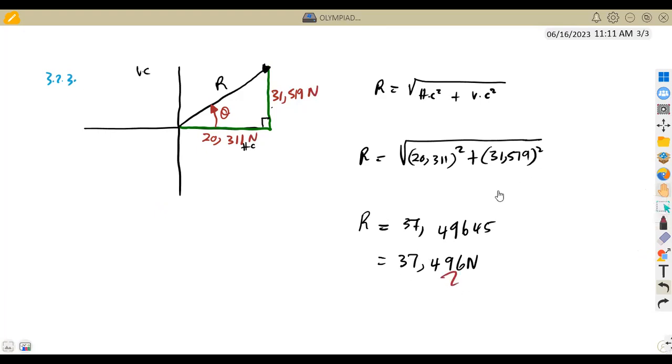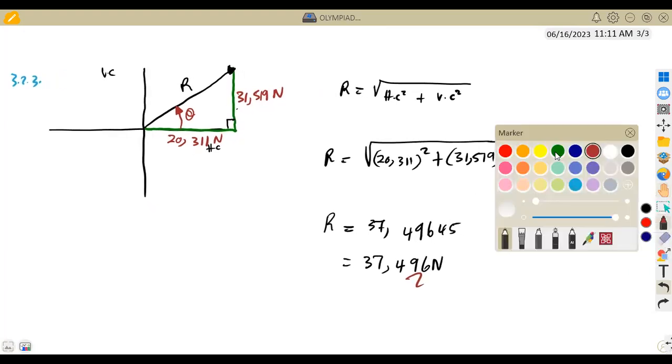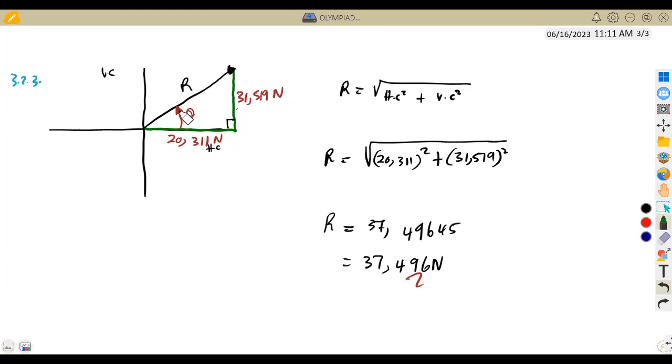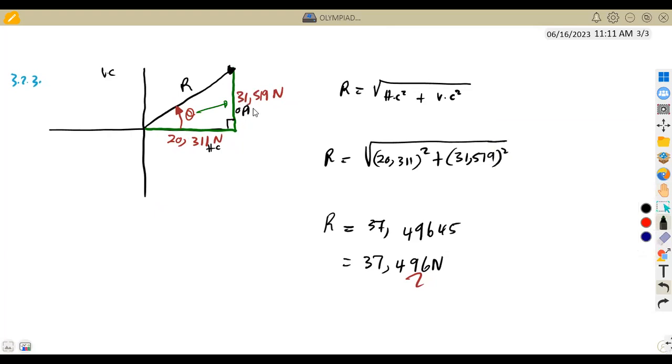Then we also have to calculate its direction. According to our diagram, if we check our direction theta, this side is our opposite and this is our adjacent.